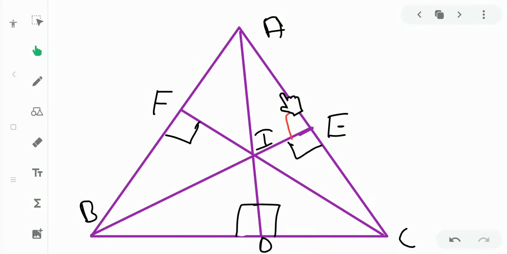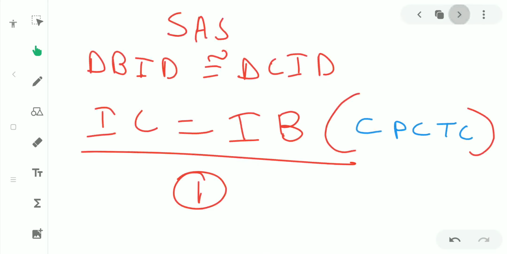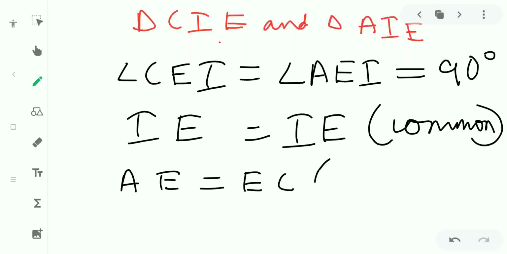So I will write AE is equal to EC because we are having BE as the bisector. BE is bisector of AC. Sorry, it is AC.